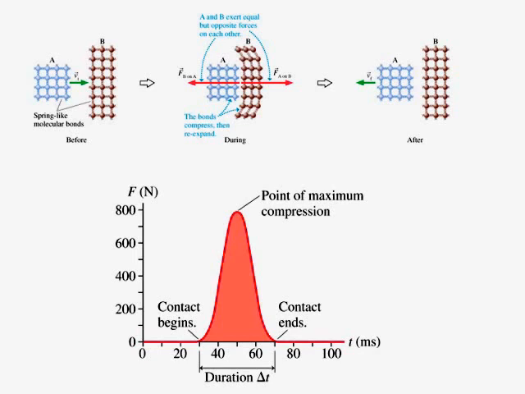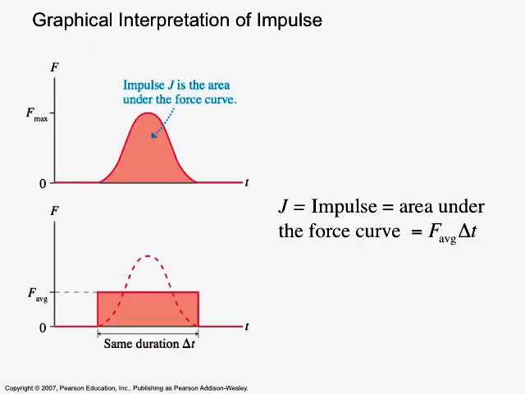The average force times the duration gives us the impulse, the area of that curve. This is shown in this graph here. We can take the maximum force divided by 2 to find the average. And the rectangle of the average force times that same duration of time, average force times time, is an impulse.